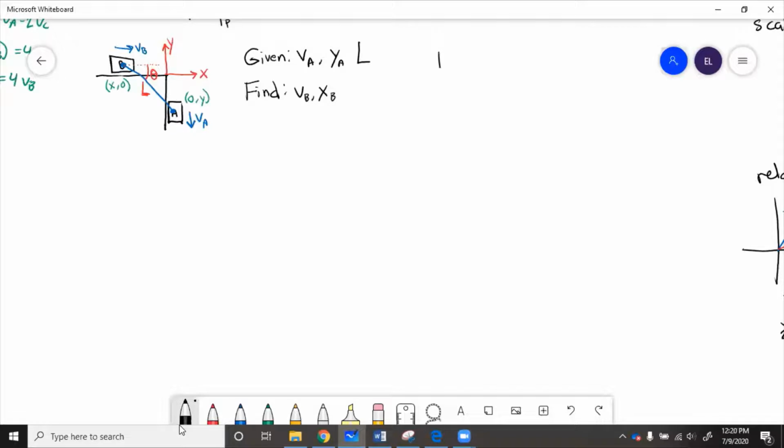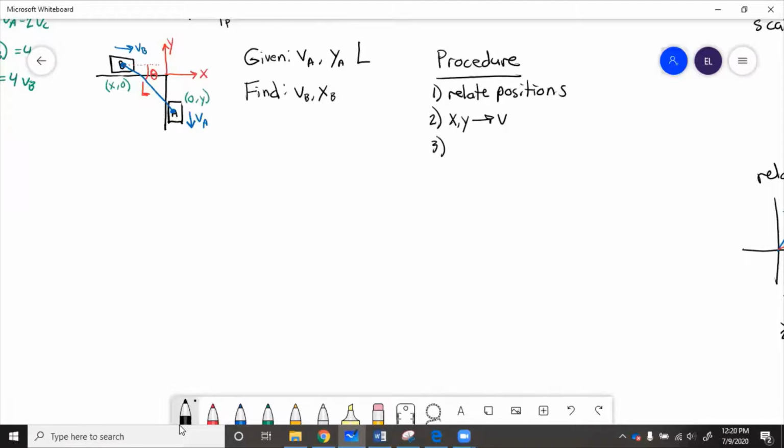Now, procedure. Step one, relate positions. Step two, use position to get velocities.